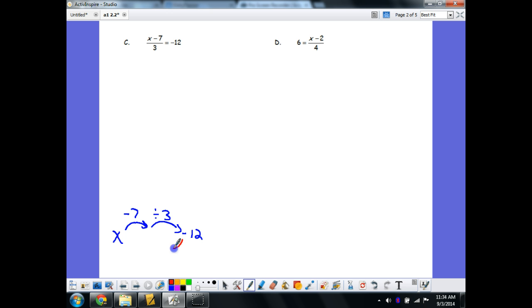So working backwards to undo the division, we multiply by 3. So we're going to multiply both sides by 3. And that is, of course, a multiplication property of equality. And over here, that cancels, so we're left with x minus 7 equals negative 12 times 3 is negative 36.